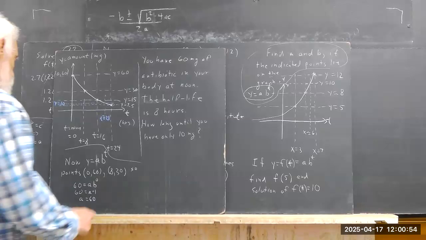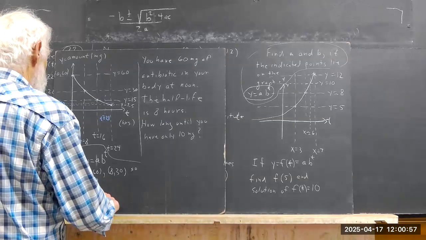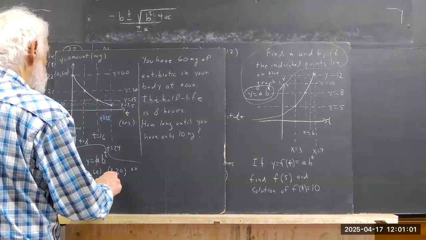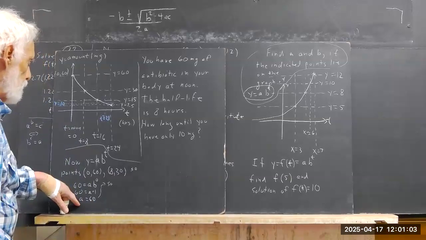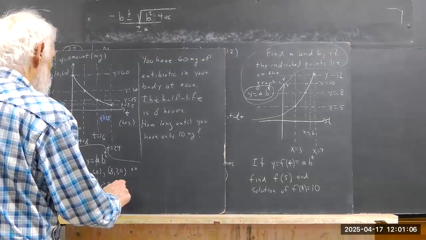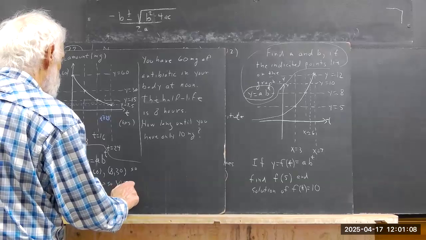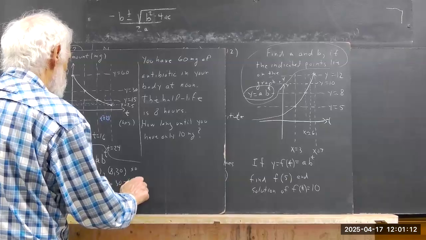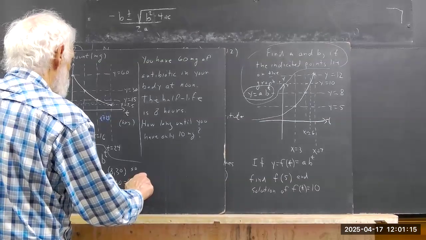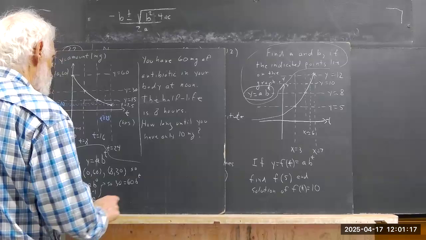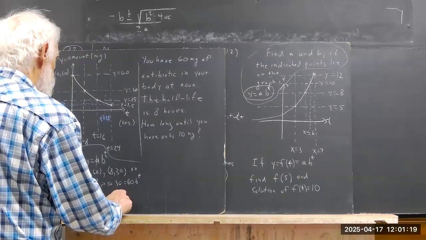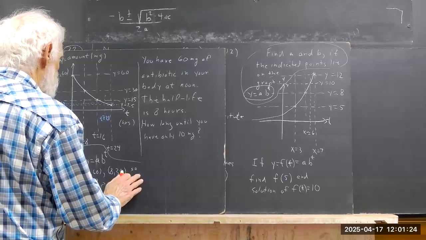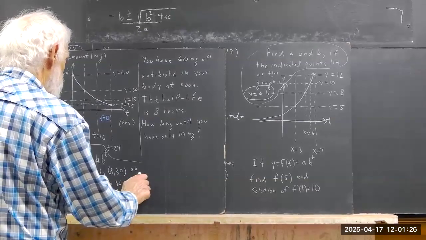Okay. So we can use the points 8, 30, but we already know a. So 30 equals 60 times b to the t. And then not times b to the t, it's times b to the 8th.